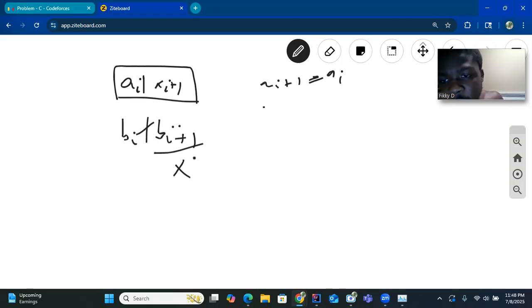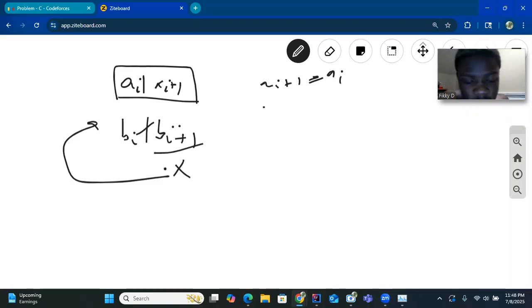I'm not saying that this doesn't work, but it makes no sense, because this could potentially cause b sub i plus 1 to go under b sub i, which is a problem. And that's not right, because we know that a sub i plus 1 should be greater than a sub i.